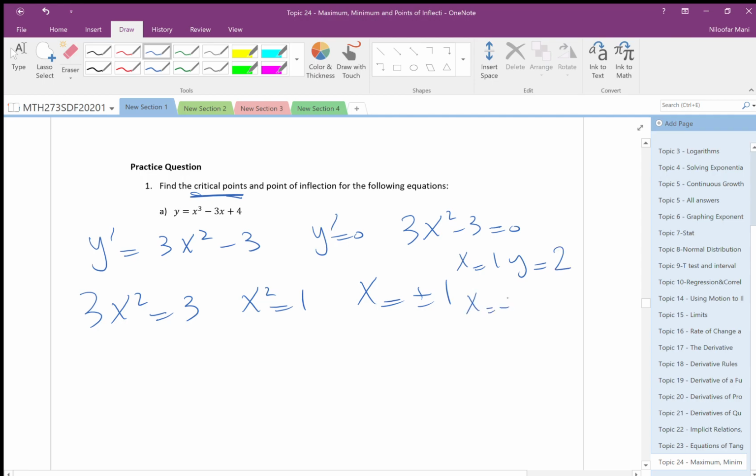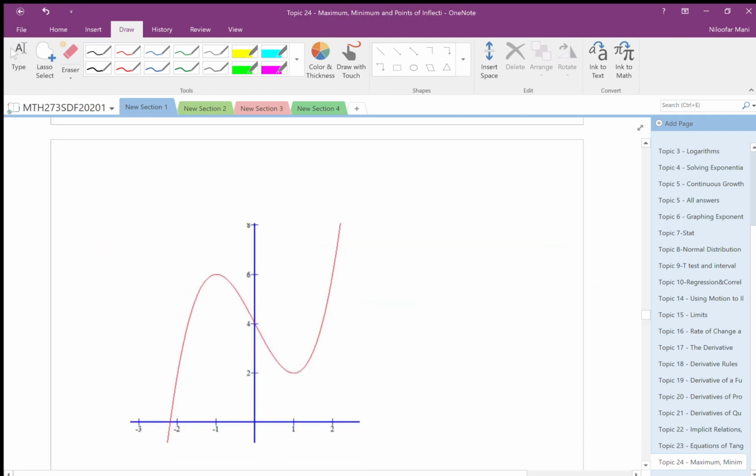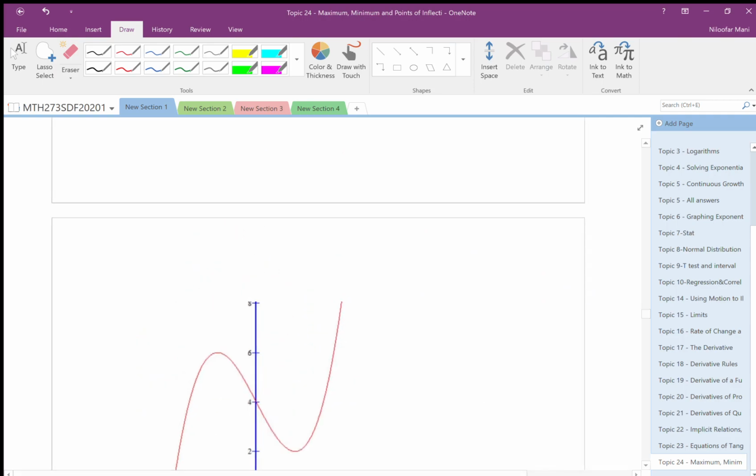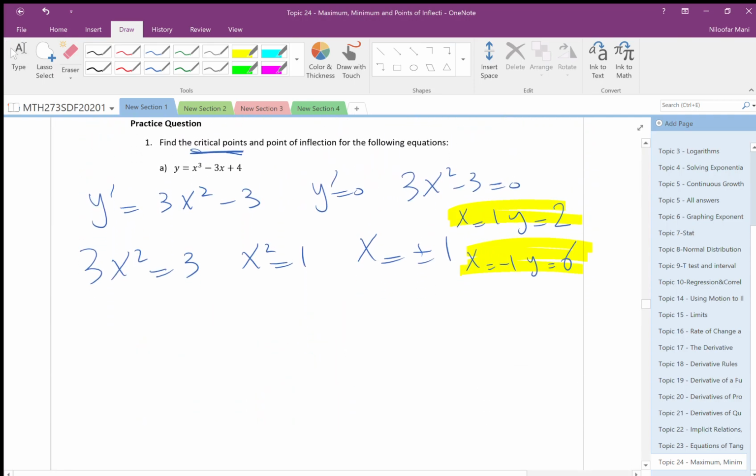For x equals minus 1, y is minus 1 plus 3 minus 2 plus 4, which is 6. So I have two points, one is (1, 2) and one is (minus 1, 6). These are my critical points.